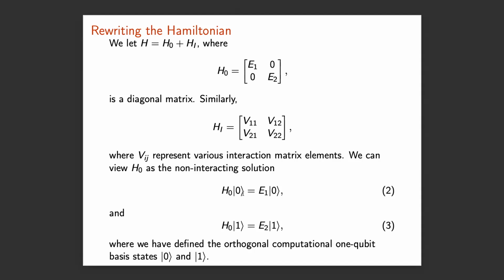And then if you look at this interaction piece, this is something you could think of rewriting in terms of a Pauli X matrix. So what I wanted to show you, and you will also find an exercise where we do this, is us taking this general Hamiltonian and rewriting it in terms of Pauli matrices.